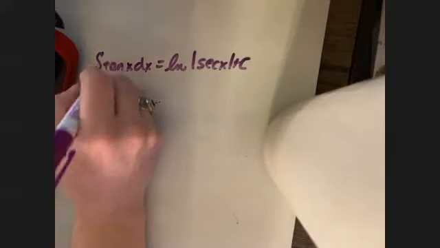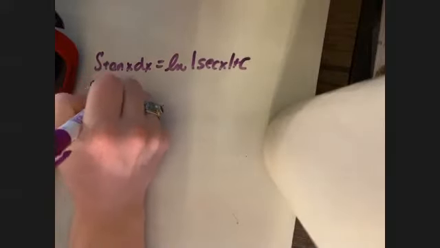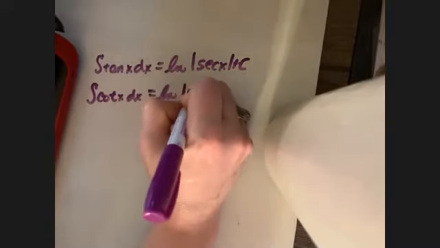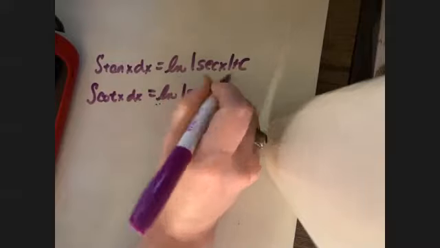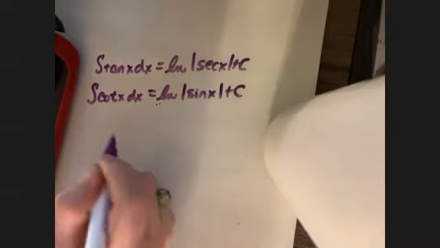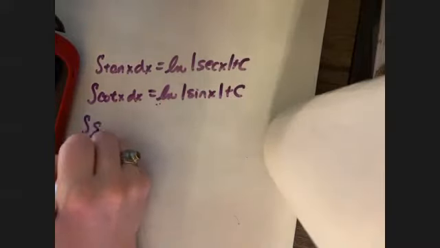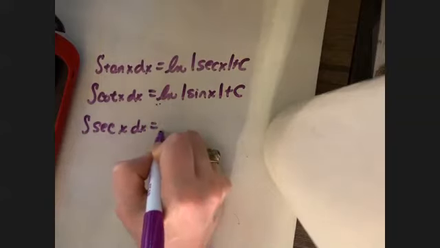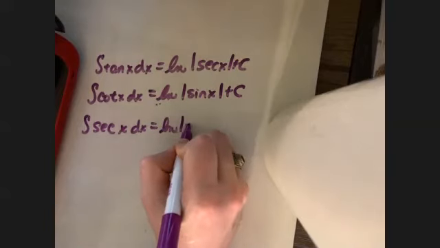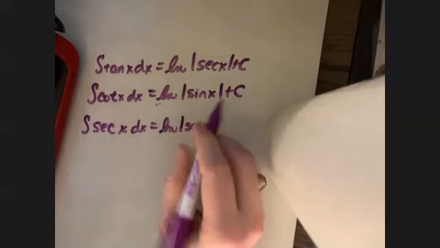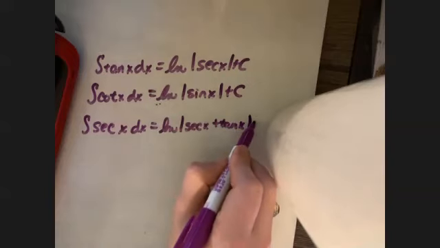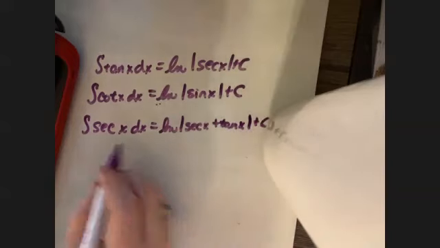The integral of cotan x dx is the natural log of sine x plus a constant. The integral of secant x dx is natural log of secant x plus tan x plus a constant.